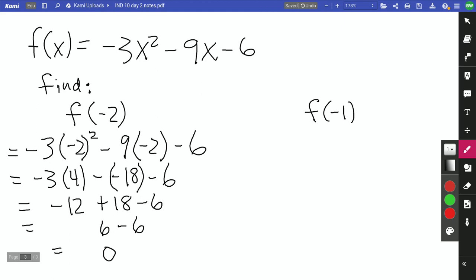Put in -1 for x. So we have -3. Let's see, I'll put my equals here. -3 times x squared, put parentheses so we can plug it in, minus 9 times x minus 6. Okay, we put in -1.